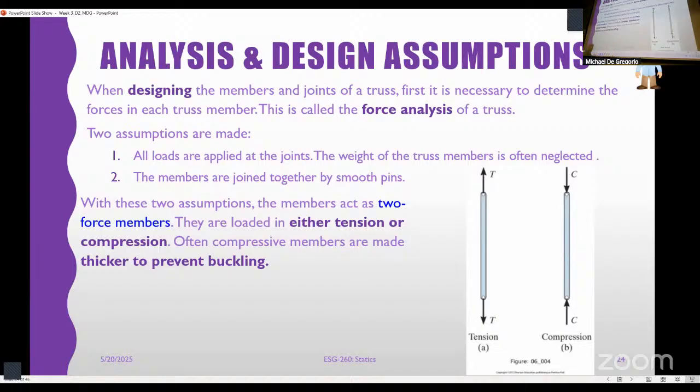So we're going to neglect the weight of the member. And then the second or third assumption, depending on how you're counting, is that the members are joined together by smooth pins. Why is that important? Because we don't have to deal with friction in the pins. If there's any rotation, it just is allowed to freely rotate about that point.